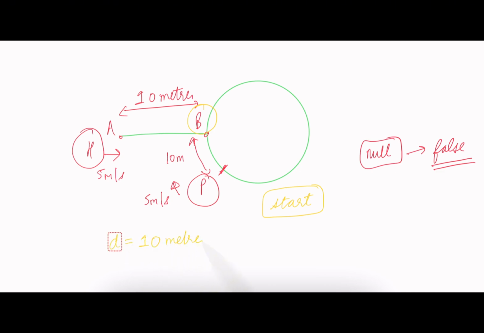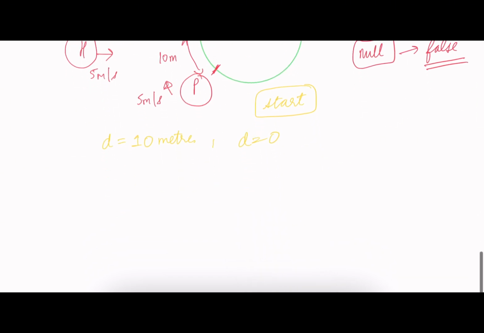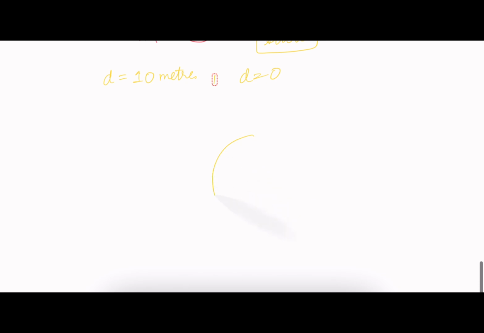So in this example we used a distance of 10 meters. Now what if D was 0? In that case, what that means is they both started somewhere here, and Parth is going at 5 meters per second, Harshit is going at 10 meters per second, and this whole distance is 100 meters. So again following the relative motion, after how much time are they going to meet?